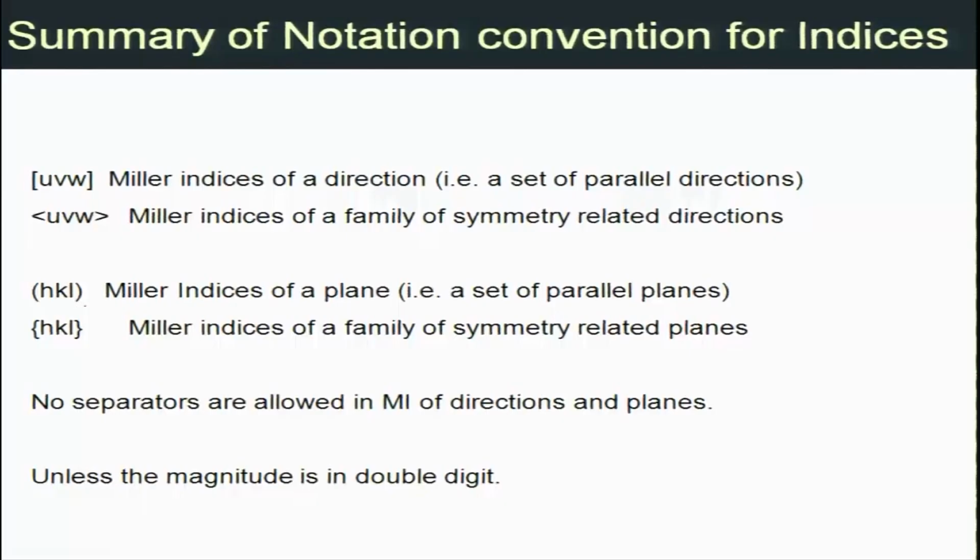Similarly, (hkl) is a single plane, {hkl} in curly brackets are family of symmetry related planes, and we do not typically allow separators in the Miller indices of directions and planes, they are written together. So, you do not write them as 1 space 2 space 3, you write them 1 2 3, okay, unless of course the magnitude is in double digits.